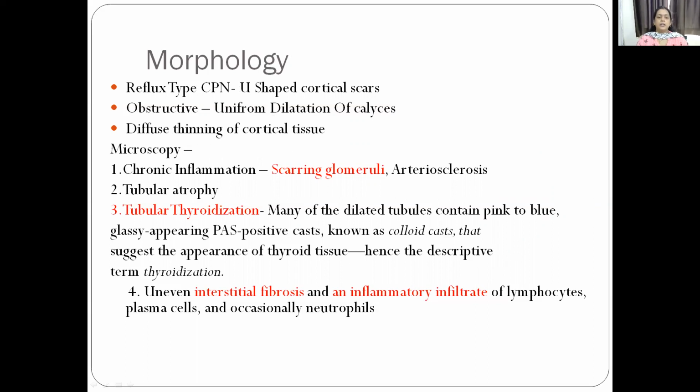Microscopy, you can remember it like this: glomeruli, tubules, interstitium, and arterioles, right? So the first one, glomeruli, there can be scarring; tubules, tubular atrophy and tubular thyroidization; interstitium, interstitial fibrosis and inflammatory cell infiltrate; arterioles, arteriosclerosis.